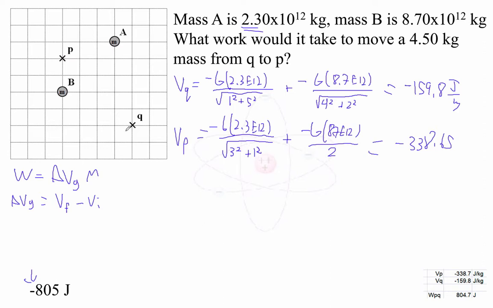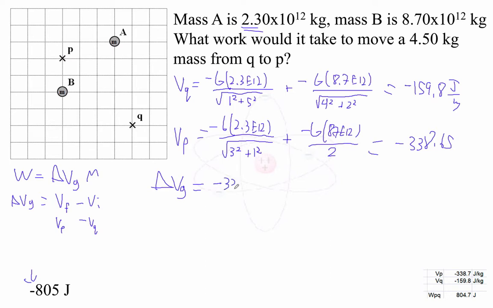Now we are going to move a mass from Q to P, right? So P is the final one, and Q is the initial. So our change in potential is equal to the potential of P, which is where we end up, right? See, this is why I'm so bad at this.